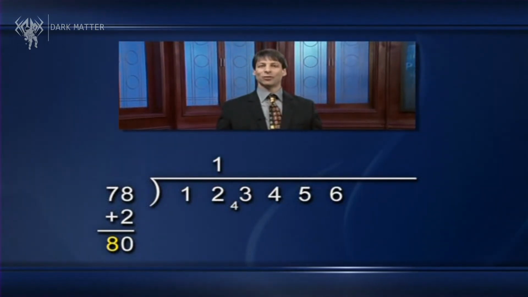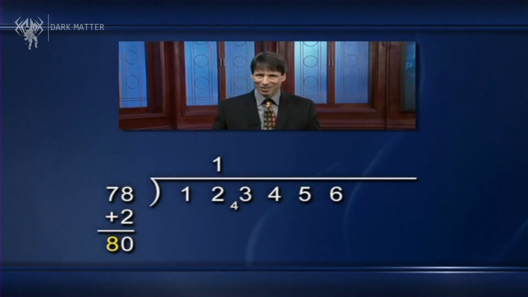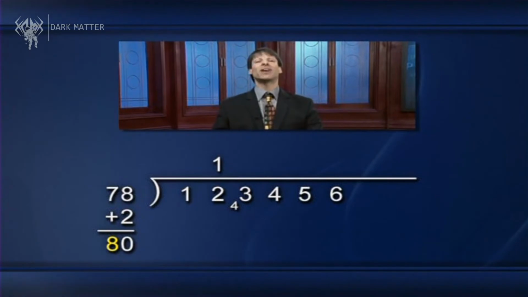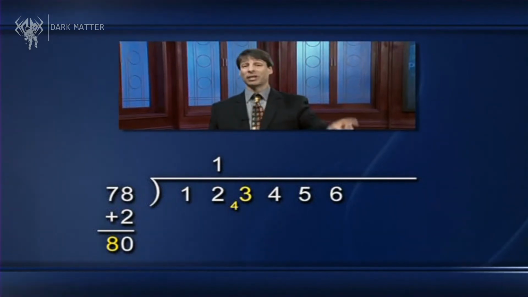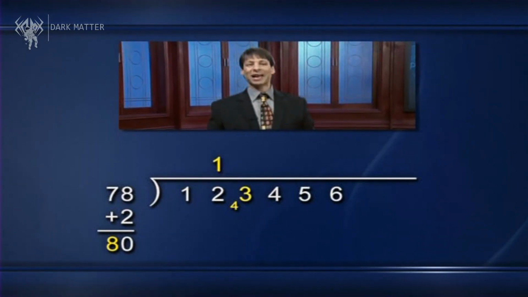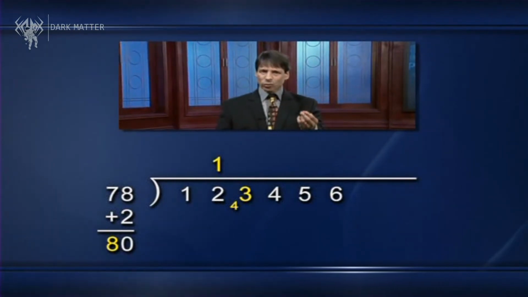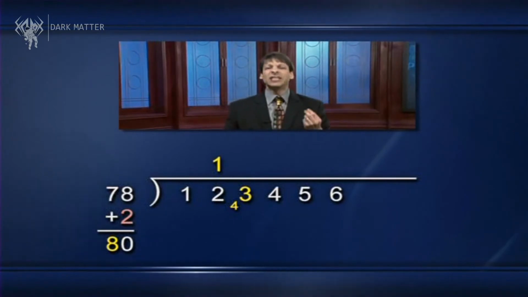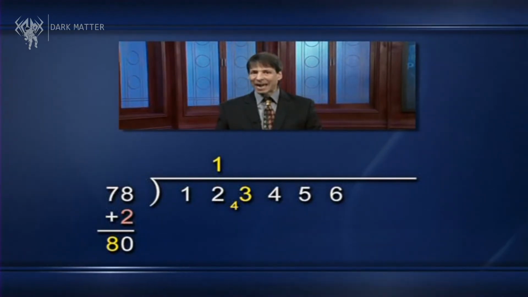So far, nothing new. But here's the twist. If we were dividing by 79, our next step would be to divide 8 into 43 plus 1. But since we're dividing by 78, since we had to travel up 2 to reach 80, we're going to double the 1 before adding it.